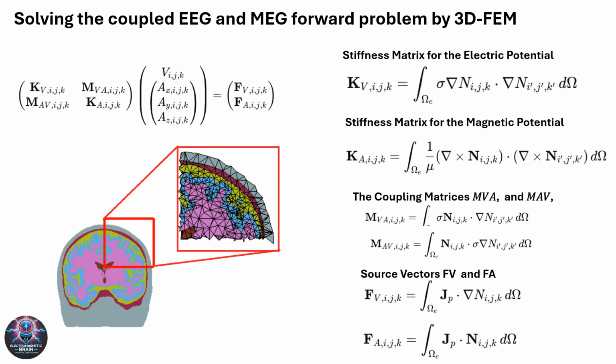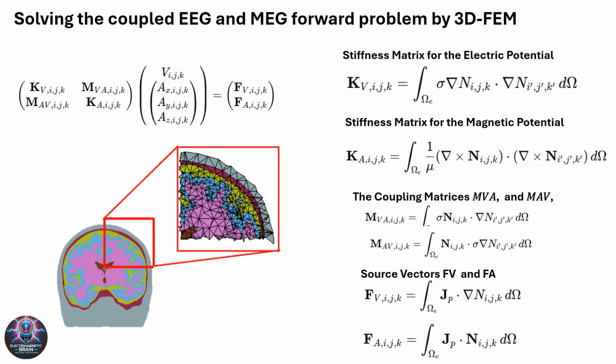The details of the matrices and vectors involved in this formulation are as follows. The matrices KV and KA are constructed from the mesh elements and consider the physical properties of the medium, such as conductivity and magnetic permeability. This system is typically solved using numerical methods such as iterative solvers. The result will give you the distribution of the electric potential V and the magnetic vector potential A across the nodes of the 3D domain, which can then be used to compute the EEG and MEG signals.